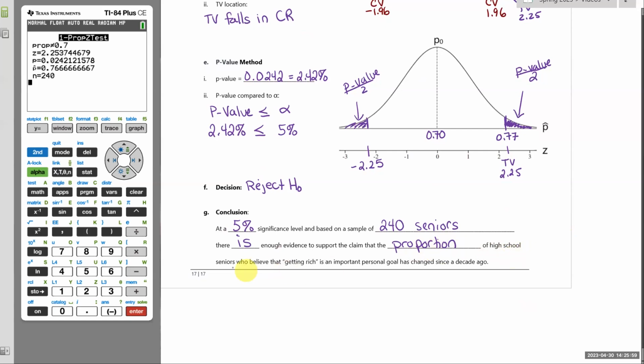So the proportion of high school seniors who believe getting rich is an important personal goal has changed since a decade ago.